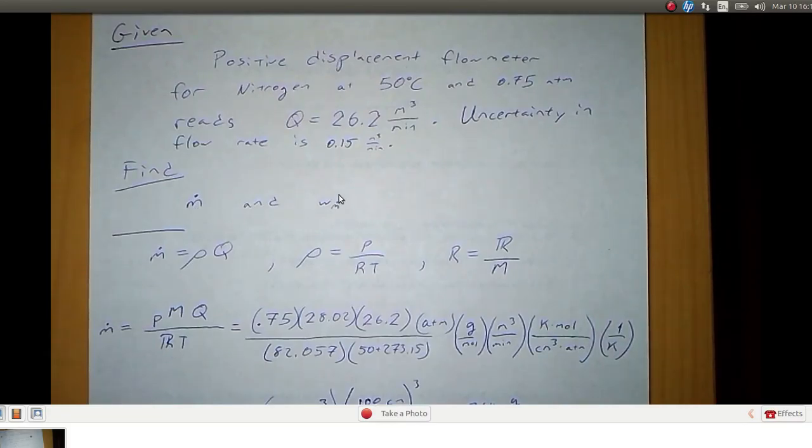So if a company is selling nitrogen, they need to know how much to charge the customer for, and so they need to know the mass that was delivered.